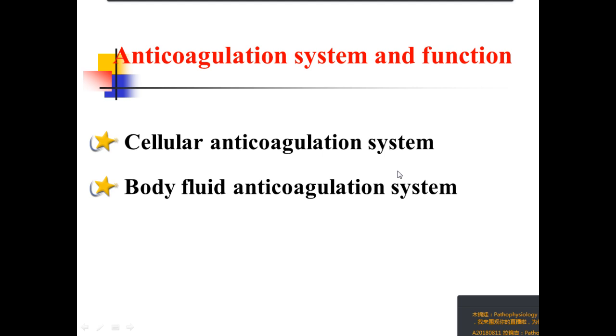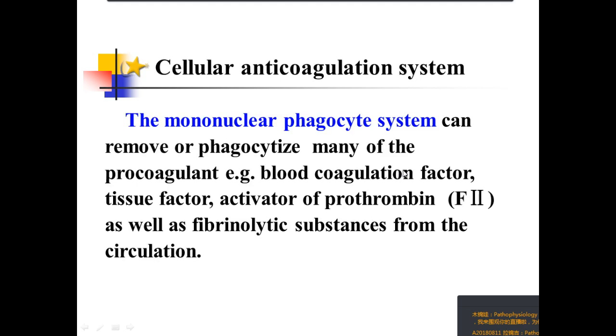Cellular anticoagulation refers to the mononuclear phagocyte system. This system can remove necrosis, endotoxin, and coagulation factors. So the mononuclear phagocyte system has an anticoagulation function because it can remove coagulation factors.